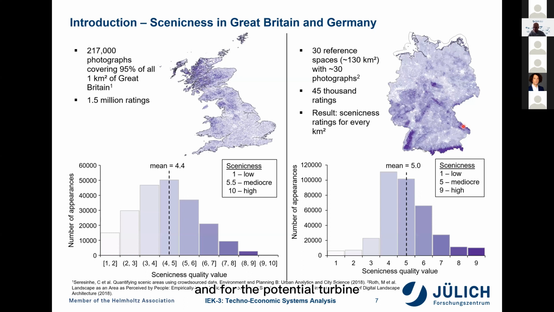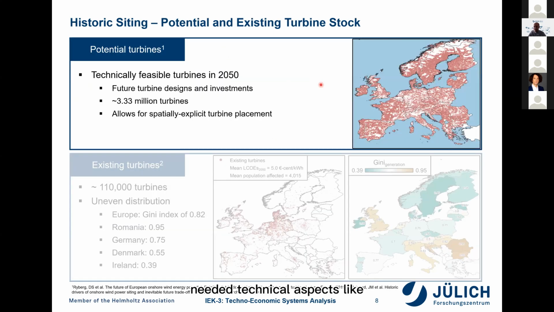And for the potential turbines, so the turbines which could be placed in the future, we use a data set from our institute on technically feasible turbines in 2050, where we incorporated all needed technical aspects like minimum distance restrictions, for example, to settlements or protected areas, and also future turbine designs and investments. This resulted for Europe in about 3.3 million turbines, which you can see on the map here as red dots.